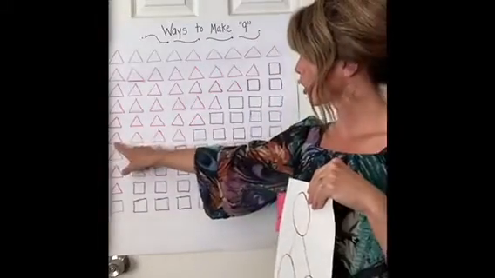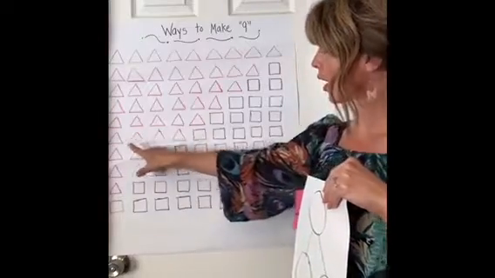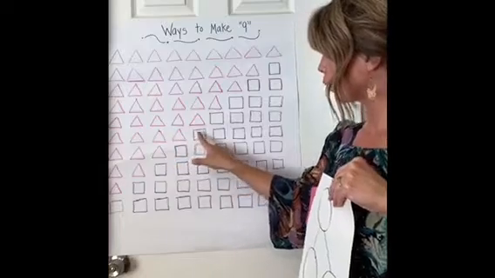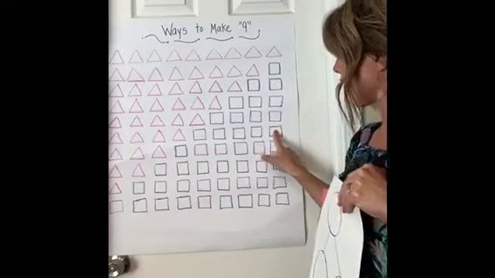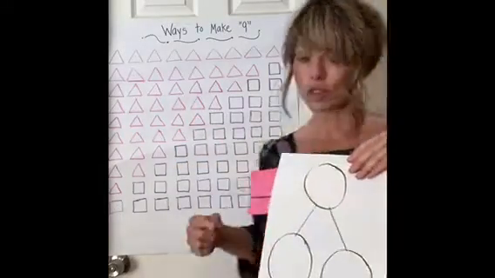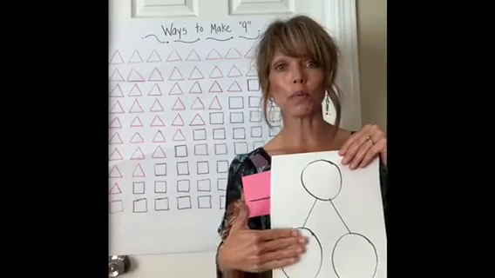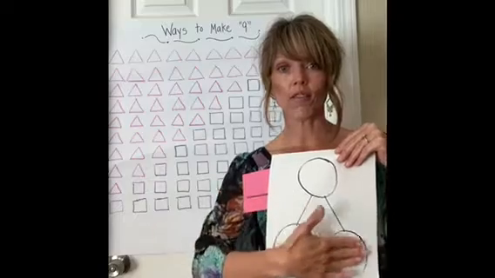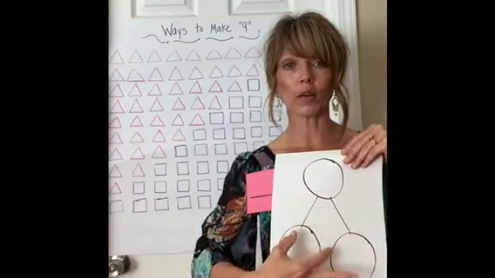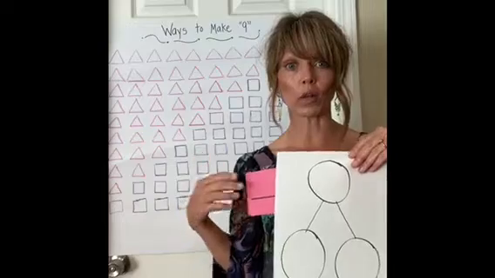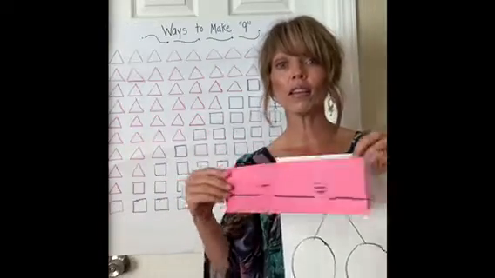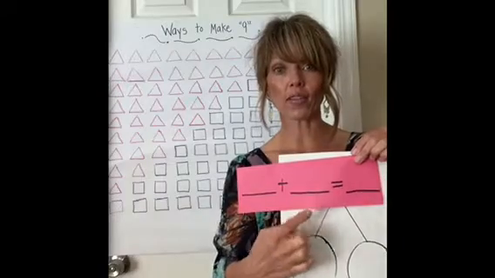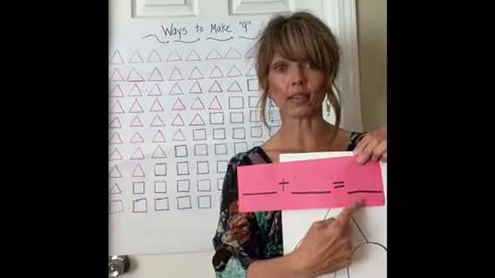Our next picture shows less triangles, 1, 2, 3, 4 triangles this time, and 1, 2, 3, 4, 5 squares. So in our number bond mat, we're going to be putting 4 in one, 5 in the other, and bringing them up together, and then that should equal 9. And then on your number sentence, 4 plus 5 equals 9.